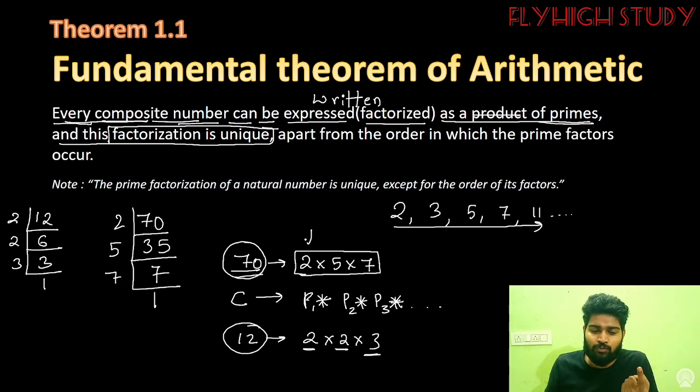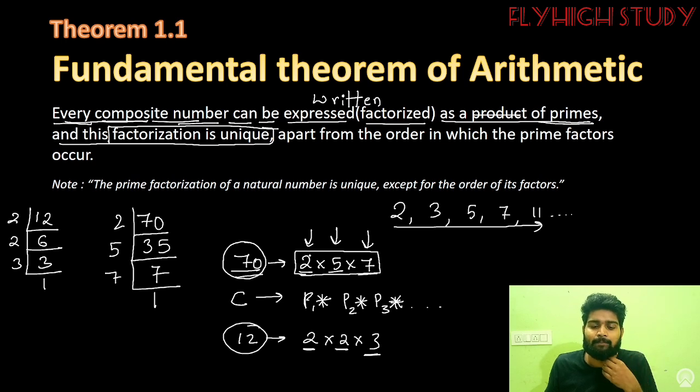Compulsorily you should use 2, compulsorily you should use 5. Compulsory means you don't get any other prime numbers, excluding 2, 5 and 7, which can express 70 as a product of prime numbers. Only these 3 prime numbers give you 70.